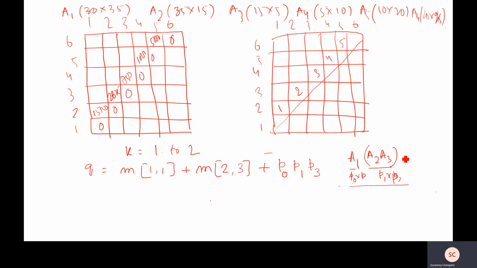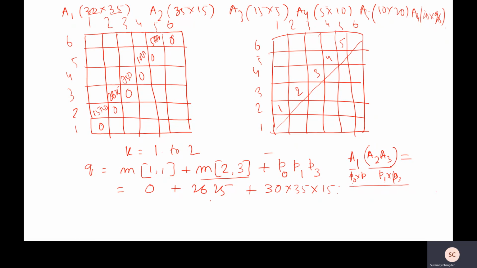So we are finding this option first. First we are multiplying A2 A3. What is the value of M23? You see, already we have found this. M23 is 2625. So this value is 0 plus 2625 plus p0, that is 30, then p1 is 35, then 15. So you will get 30 into 35 into 15. This is one option. Later I will find this value.